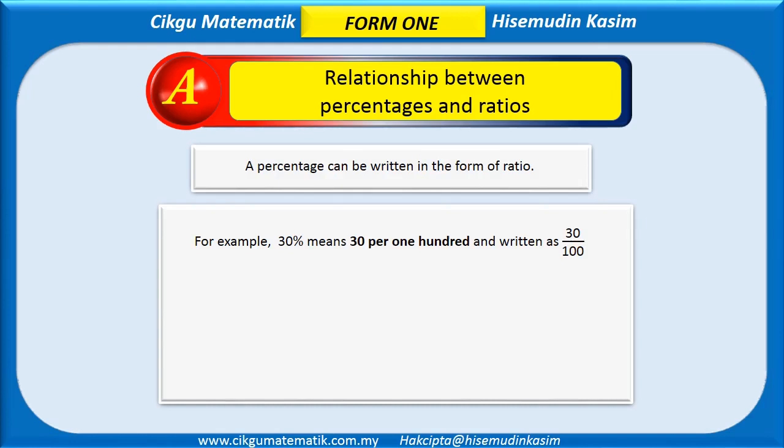For example, 30% means 30 per 100 and written as 30 over 100. 30% equal to 30 over 100 equal to 3 over 10 equal to the ratio of 3 to 10.